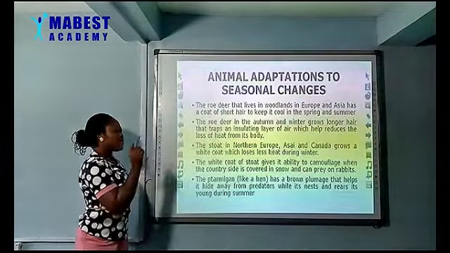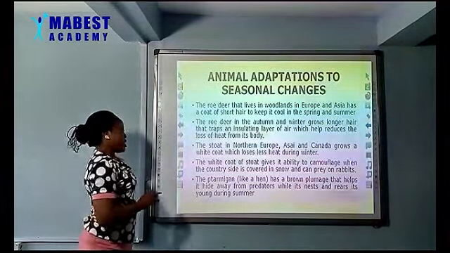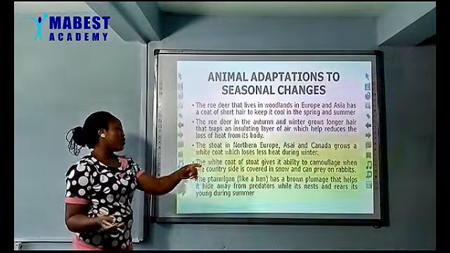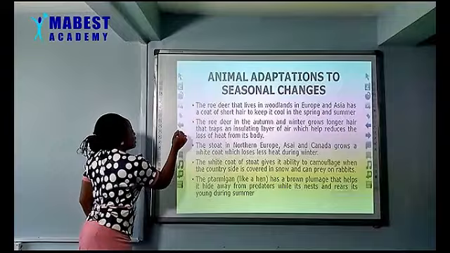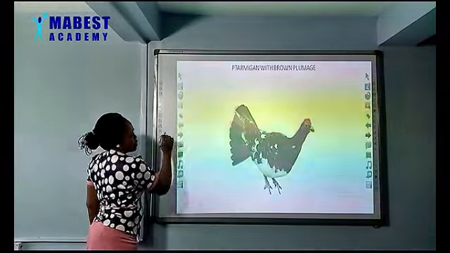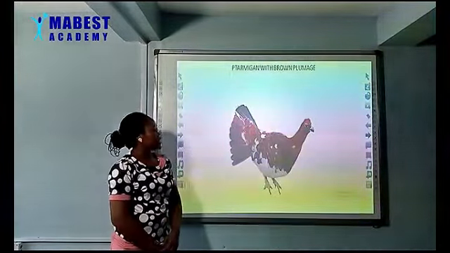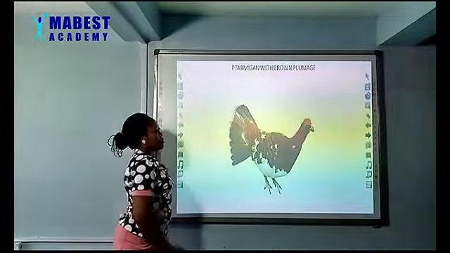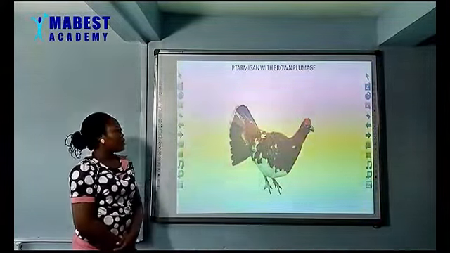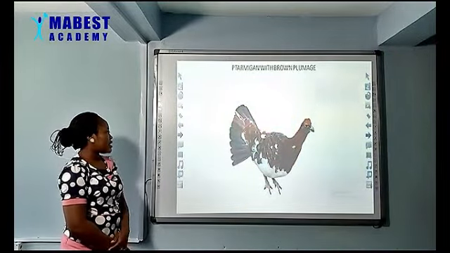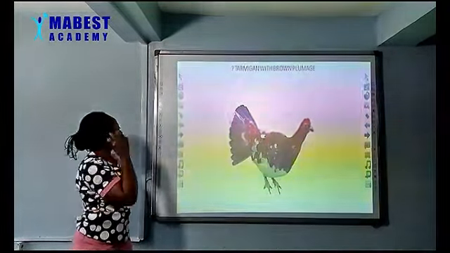Then they have this brown plumage. It helps them to hide away from predators. And we have the diagram also here. This is an example. This is the plumage there. You can see the color is very brown, and it helps them to hide away from their prey.